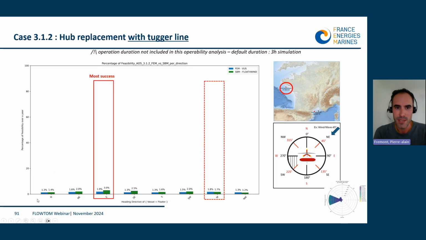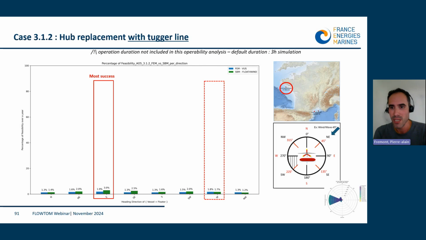Next slide, please. On the other side, for South Brittany, it is much more complicated to conclude because the sea states are within the excitation. Sea states are higher in periods than in wave height. And for both floaters, we have very small operability success, about 1-2%.